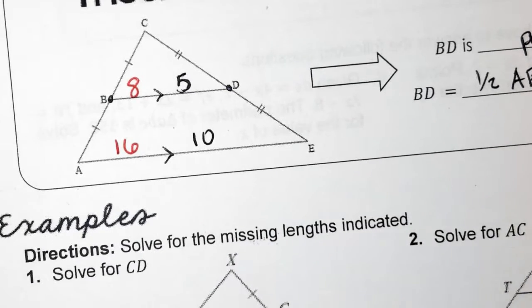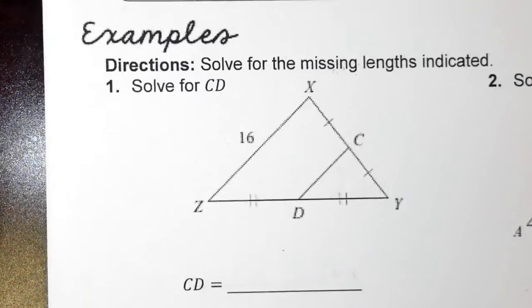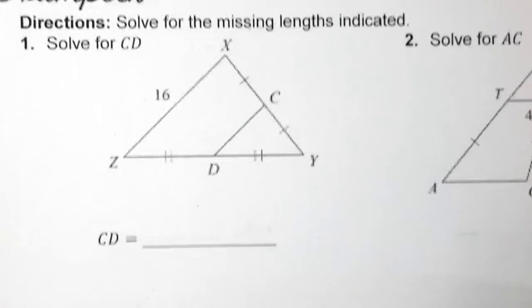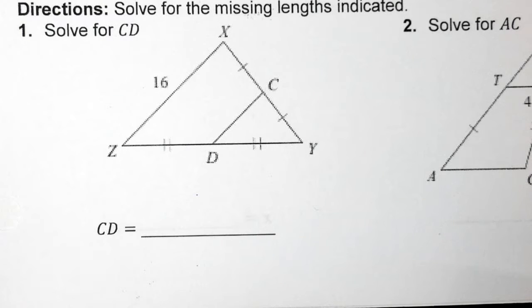Alright. Let's do 1 and 2. There are no tricks to this. Earl, down here it says solve for the missing lengths indicated. Look at the way they set it up. It says solve for CD. Earl, what's the value of CD?